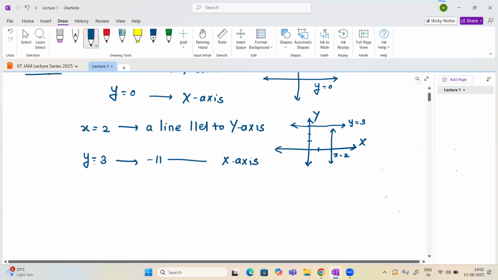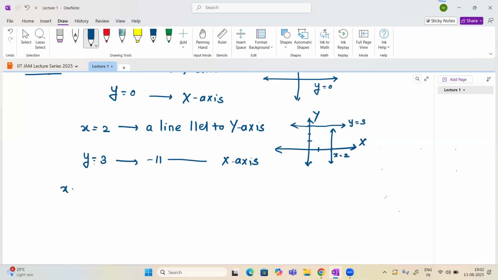See, the next is x plus y is equal to 2. Tell me which curve it represents. It is a straight line with slope -1 and intercept 2, whose intercepts are 2 on the x-axis and also 2 on the y-axis.